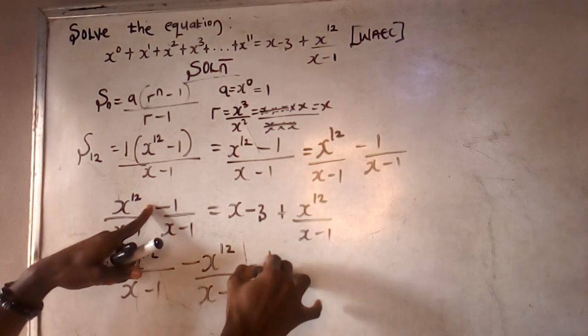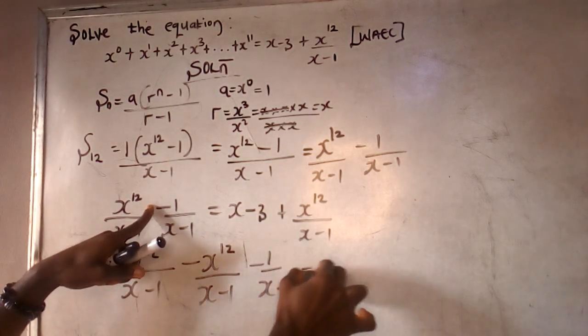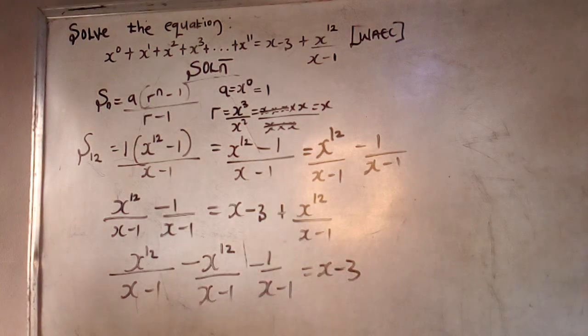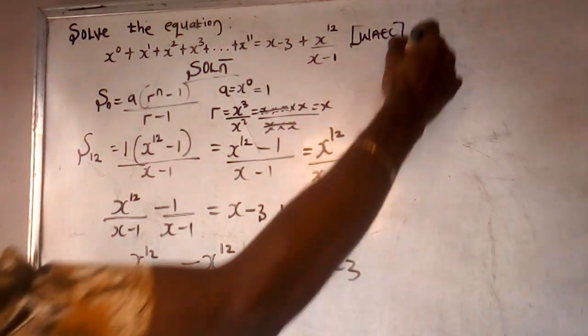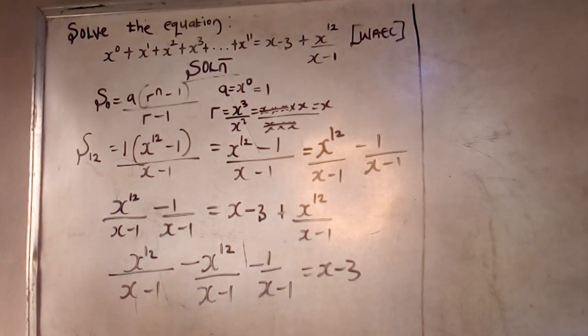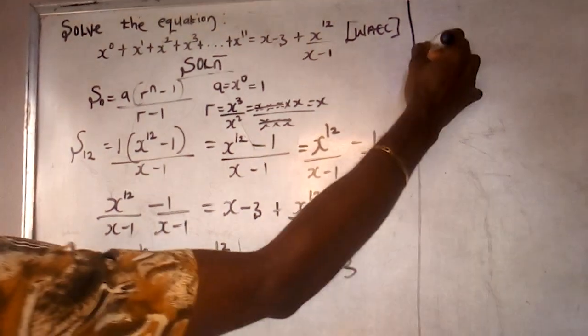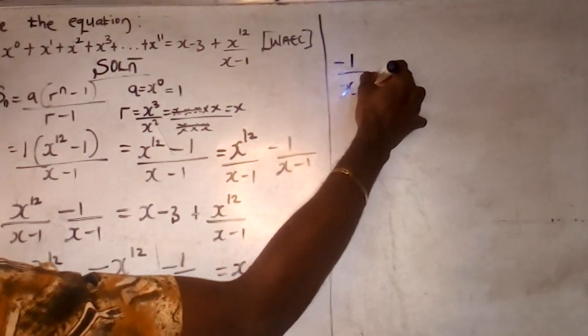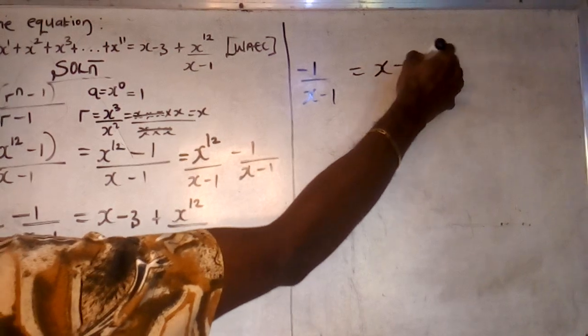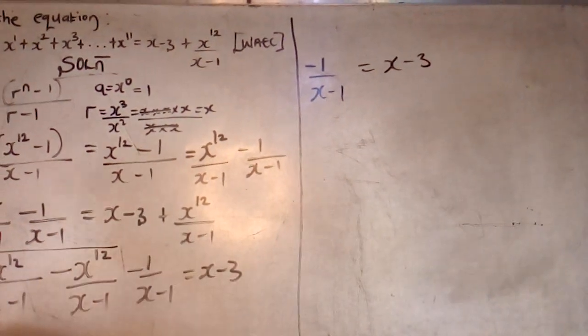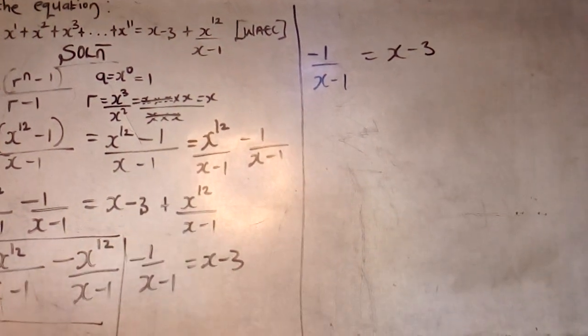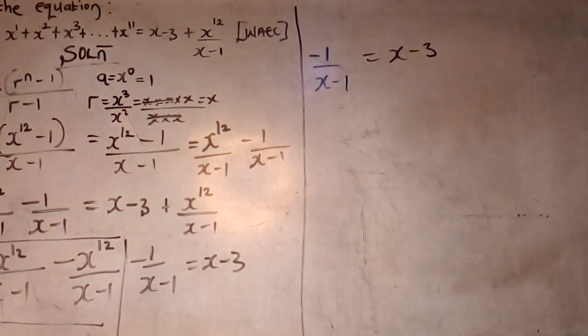This one still remains minus 1 over x minus 1 equal to x minus 3. So that is the reason I said that this will become 0. Everything here will be 0. So we are left with minus 1 over x minus 1 is equal to x minus 3, because everything here becomes 0.